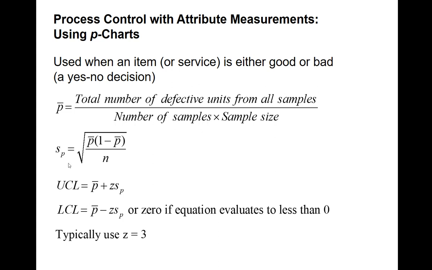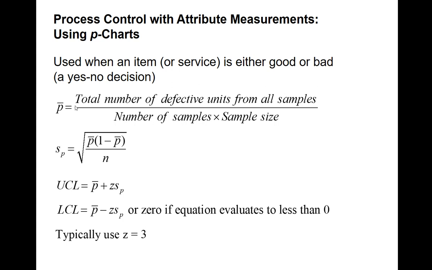And SP here is the standard deviation of these numbers, the number of defectives for all the samples you pick up. The P bar is the average number, so we can use it as the center line.